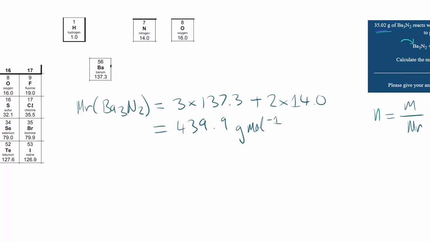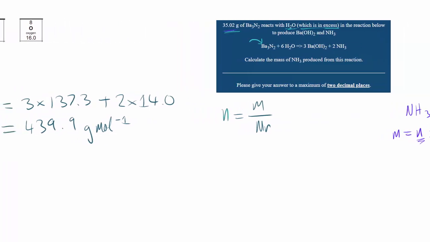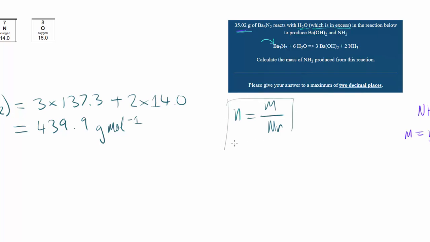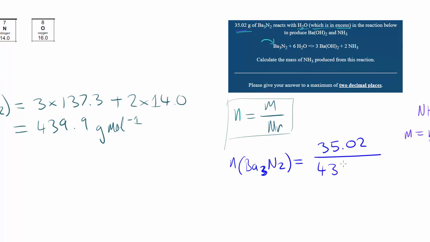With that value, we are in a much better position to apply this equation, right? Because now we have the mass, which is given in the question, and the molar mass, which we've just calculated. So the moles of Ba₃N₂ is equal to 35.02 divided by 439.9, okay?